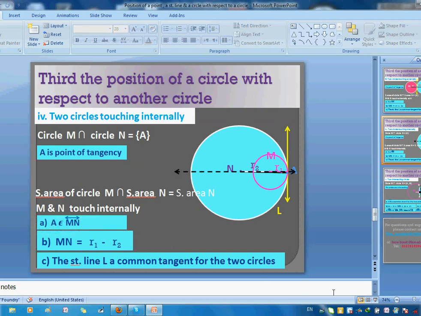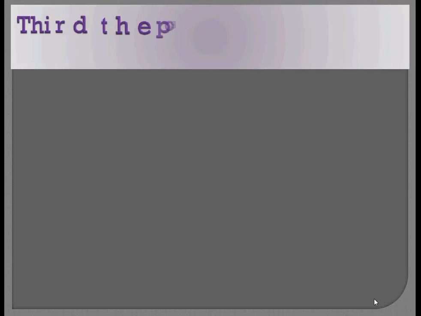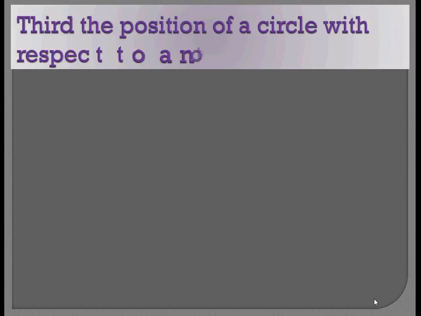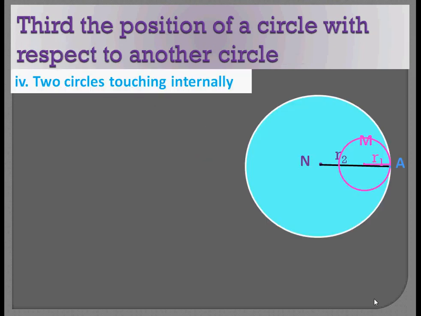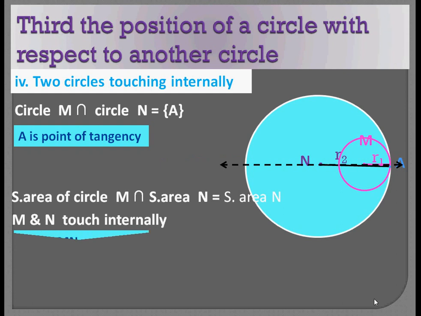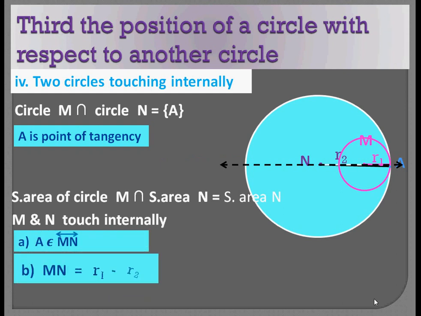So for two circles that are touching internally, the line of centers MN is equal to R1 minus R2, as you see. Sorry for the mistake.